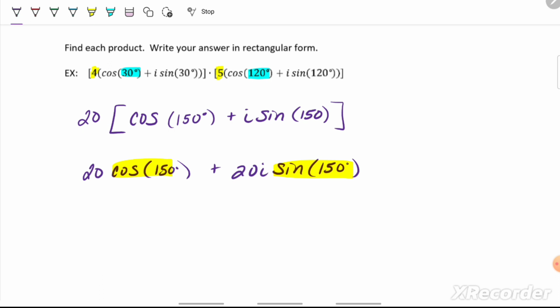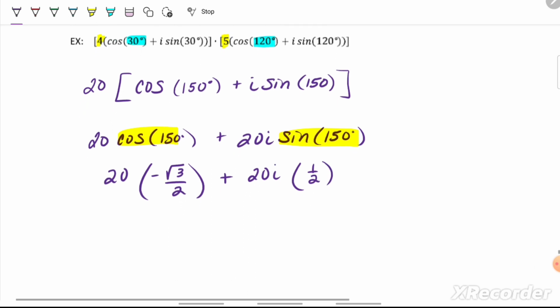Cosine of 150 degrees, that's negative square root of 3 over 2. And sine of 150 degrees, that's a half. And then we'll just multiply here. Do some simplifying. We're going to get negative 10 times the square root of 3 plus 20i times a half. That'll be 10i.